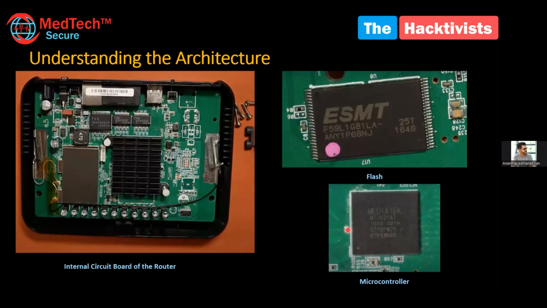Using JTAGulator, you can connect those pins to the pins where you want to find out what each one is, and the JTAGulator has a UI interface. Using that UI, you will get to know what pin number 1 stands for. By using that technique you can find the testing points which are necessary for your security assessment.